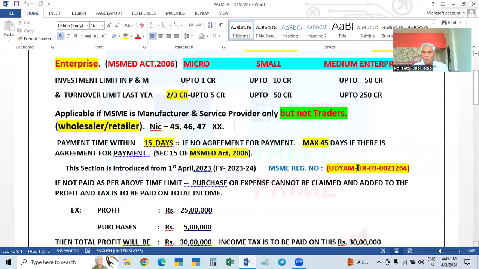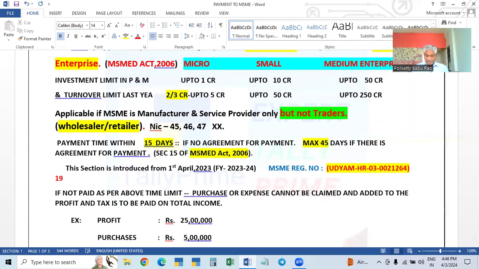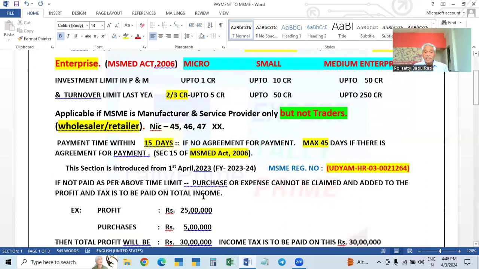So it looks like this. Totally, including the hyphen, it is 5, 6, 7, 8, 9, 10, 11, 12, plus 17, plus 7. Total 19 characters is the registration number.